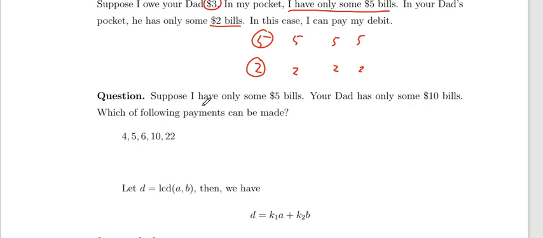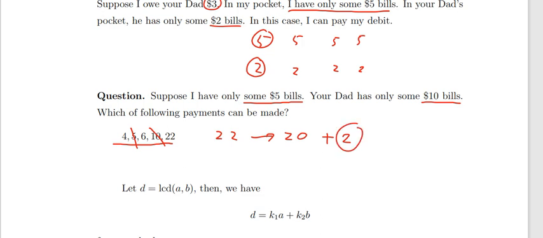Now let's consider the problem. I have only some $5 bills, and your daddy has only some $10 bills. Then we check which payment can be made. 5 is okay, 10 is okay, 20 is okay, but 2 is not okay.